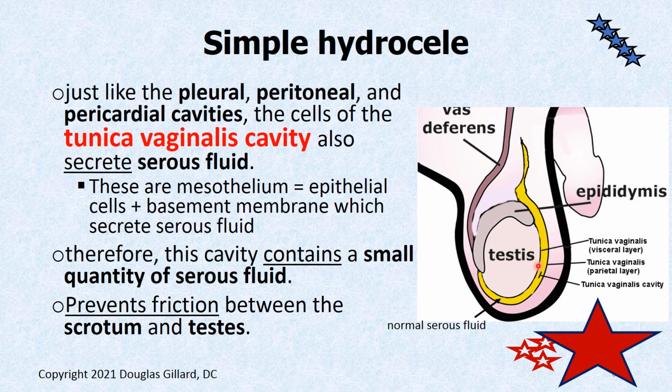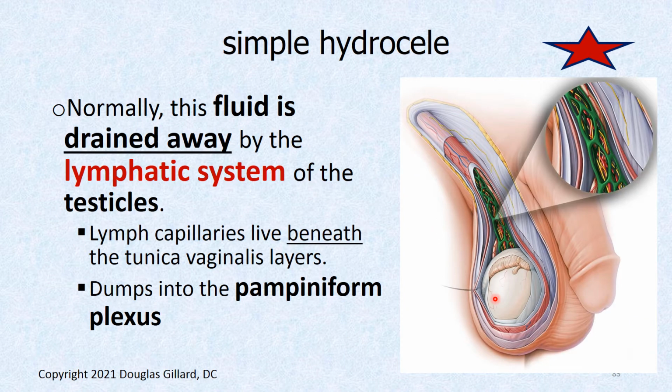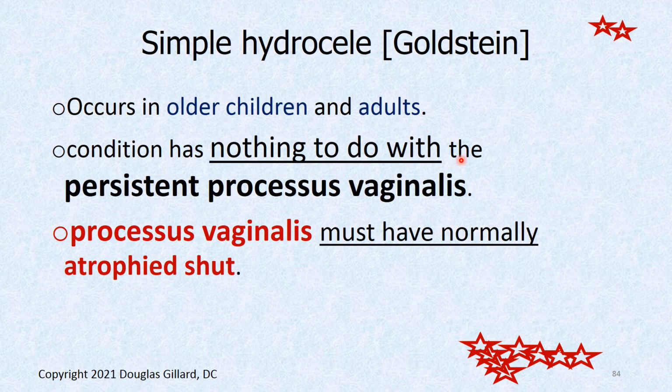Just a very similar story that we've said before with regard to drainage of any interstitial fluid type tissue. So there's the lymph system, a very intricate lymph system also within the spermatic cord here, and dumps into the pampiniform plexus, which of course you know what that is already.